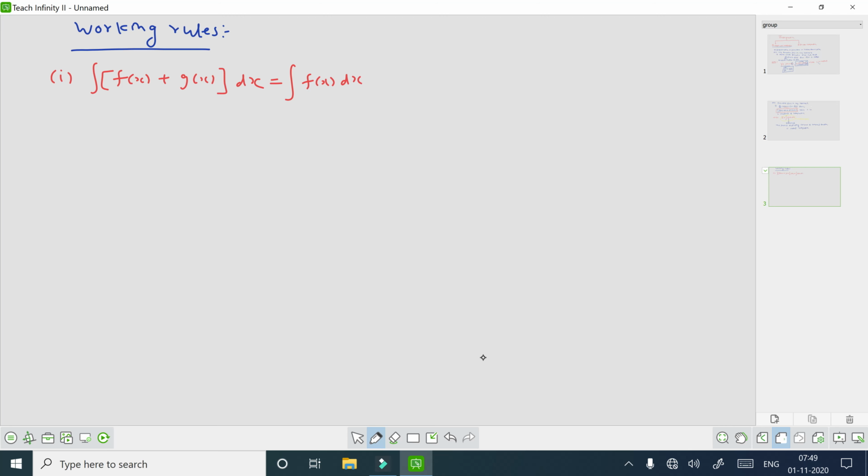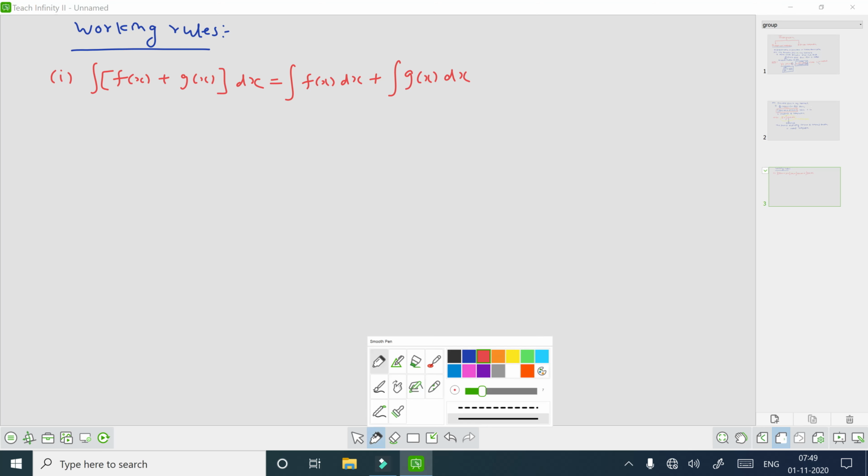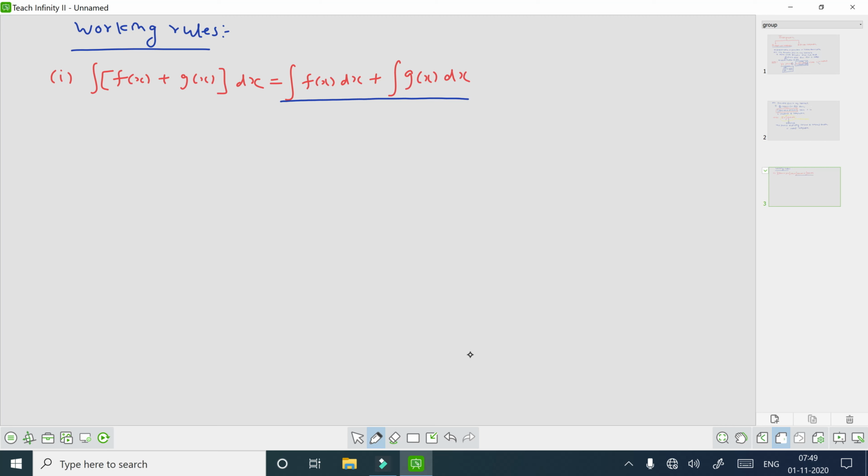That is equal to the integral of f of x dx plus the integral of g of x dx. Clear? Here if you want to prove it, as per the definition, we have to see that the differentiation of the right hand side should be the function f of x plus g of x.